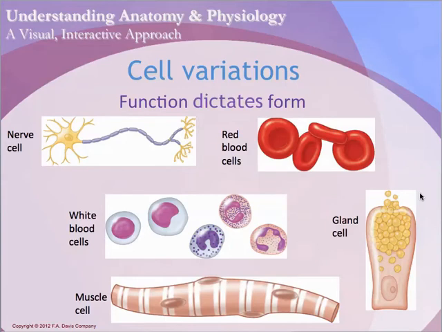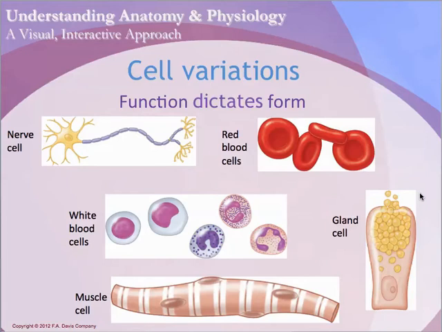We can talk about some of the sizes of these. Most range in size from 10 to 15 micrometers, and a micrometer is 1/1000th of a millimeter. So we're talking about really, really tiny cells and things. We're not talking about something that's usually quite visible.